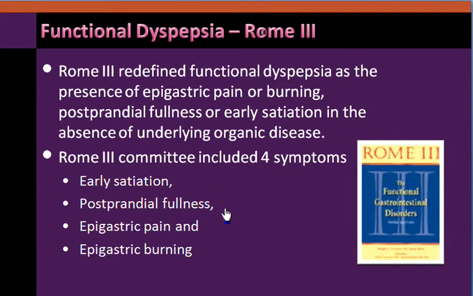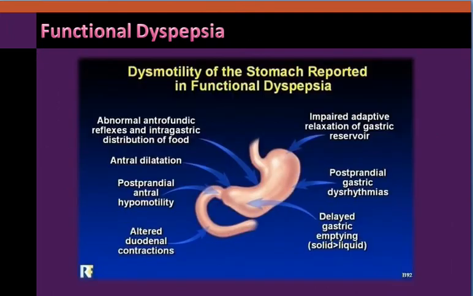Postprandial fullness, patient complains of some vague uneasiness and then fullness in the stomach immediately following a meal, and then epigastric pain and epigastric burning. So, these are based on the Rome 3 criteria which are published in this detailed guidelines by the Rome 3. So, remember, functional dyspepsia must have the 4 symptoms: early satiation, postprandial fullness, epigastric pain and epigastric burning.